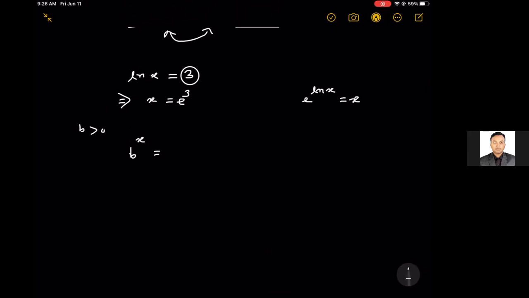So if you have b to the x, can you imagine any way to rewrite this with the help of both exponential and natural logarithm functions using the first property? Don't look at the slide. Try to use the first property. Anyone?